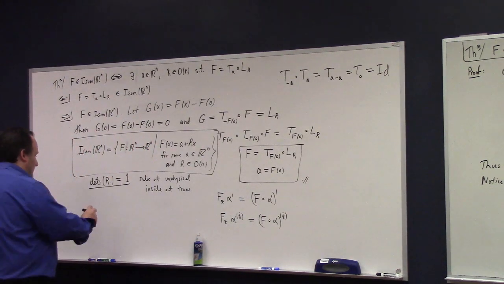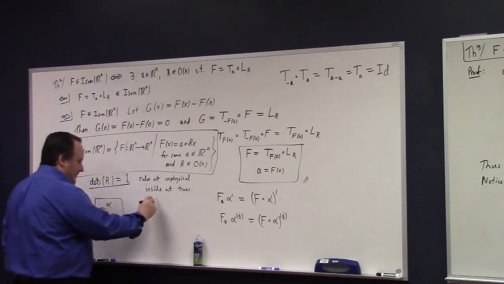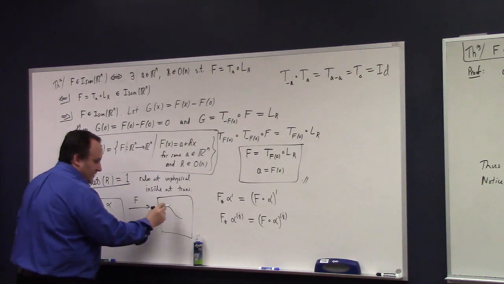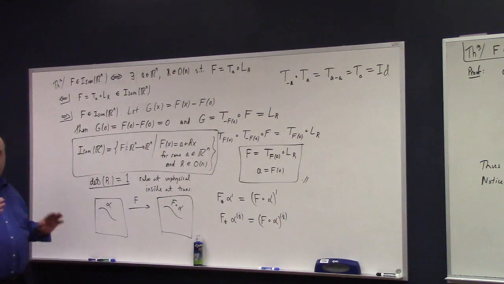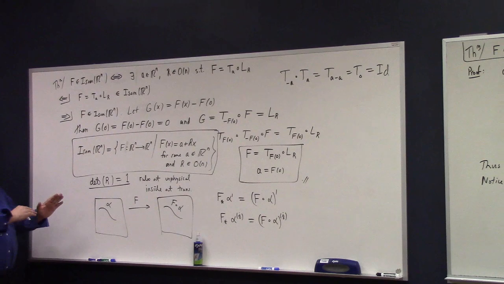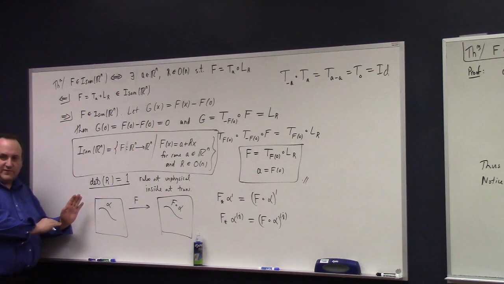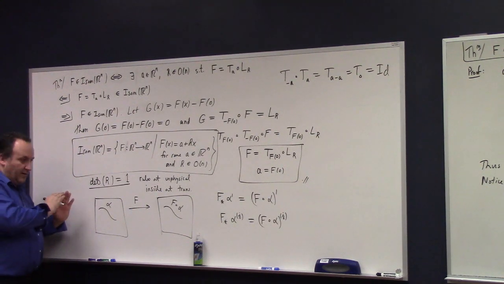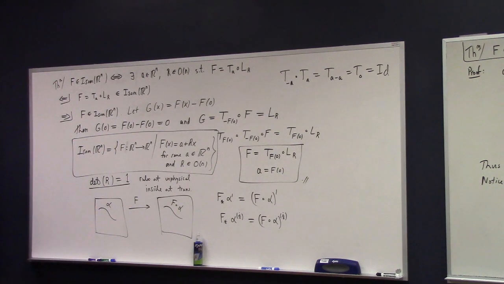So imagine here I've got alpha, and over here I've got my map F, and over here is F composed with alpha. An isometry will preserve the derivative of the curve, but it also naturally pushes forward the acceleration, the jerk, all of the derivatives of the curve are transferred by this isometry.